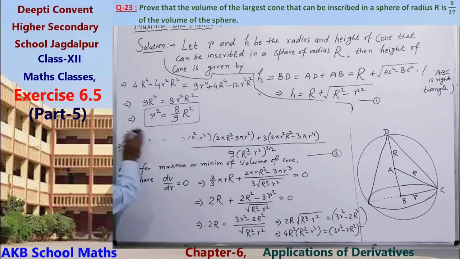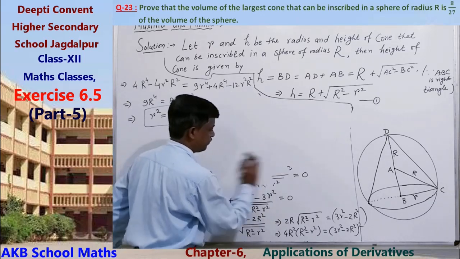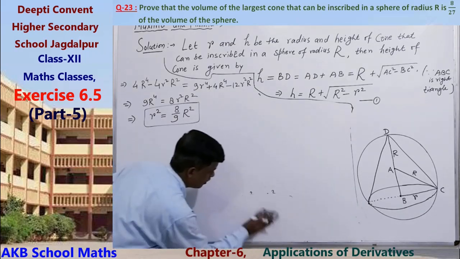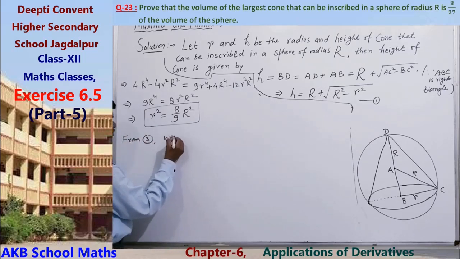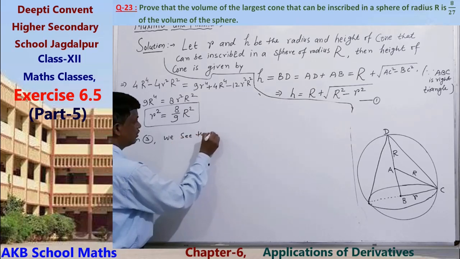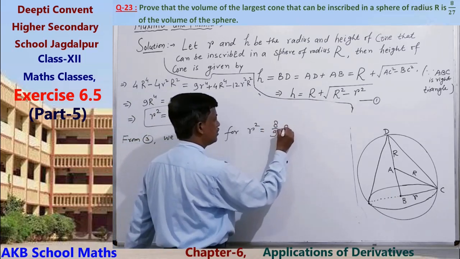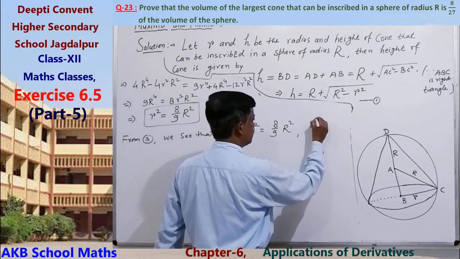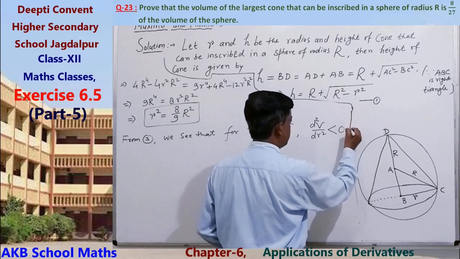So from 3, that is the second derivative, we see that for r² equals this value 8 by 9 R², the second derivative is negative.